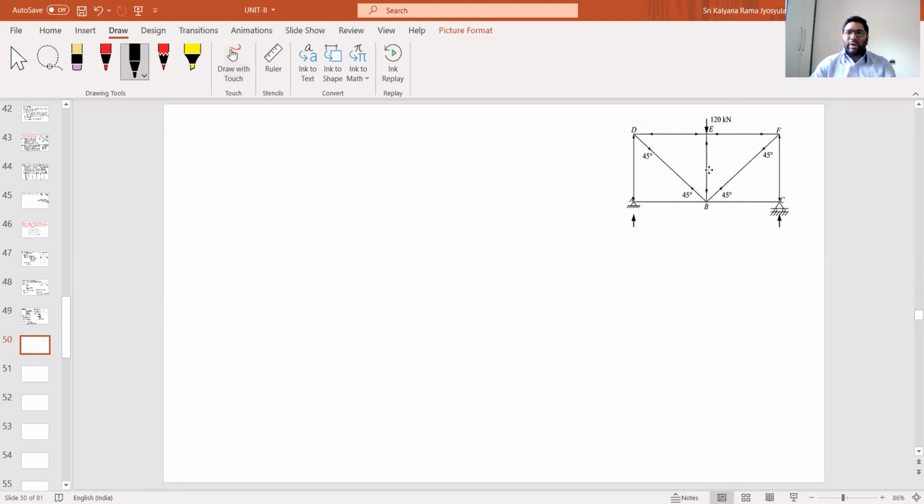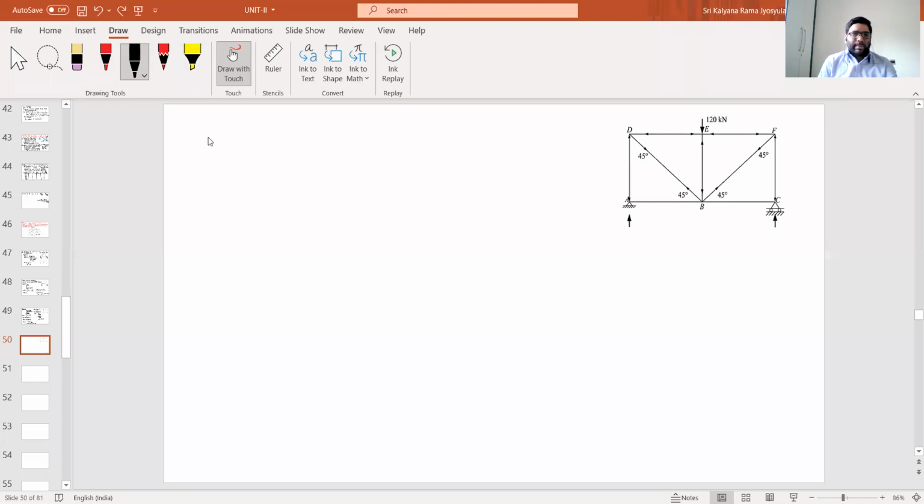If you take joint E, what all do we know? AB is known, AD is known, DB is known, DE is known.